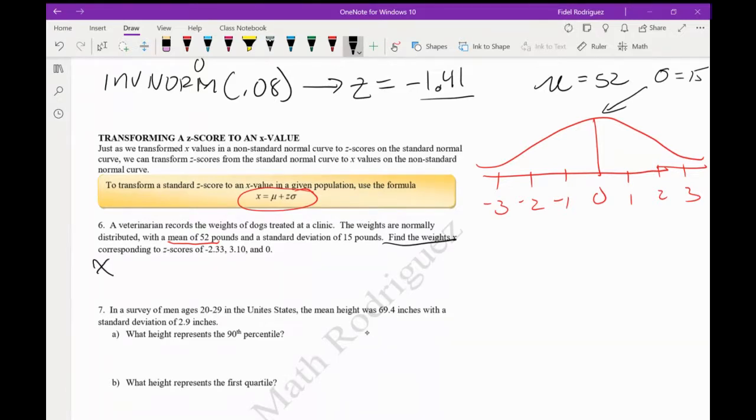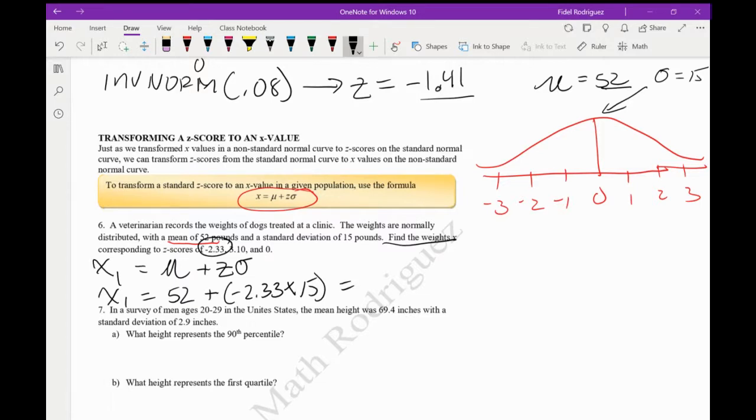I'm going to call it x1 because it's for the first one. The formula is mu plus z times sigma. My mu I already know is 52. My z-score in this case is negative 2.33 times my sigma, which is 15.